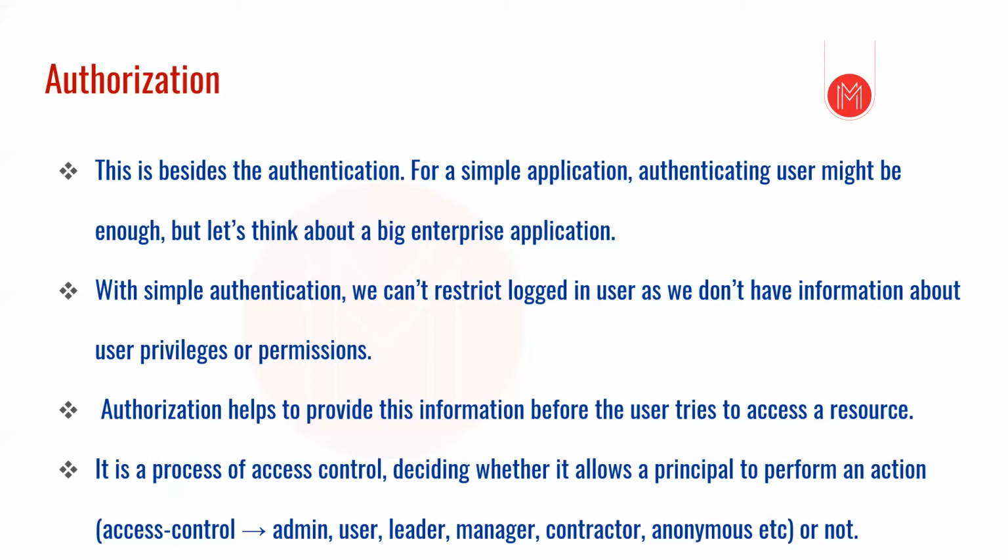So we need to check whether the user has permissions to access that specific resource or not. I mean to say authorization helps to provide this information before the user tries to access a resource.